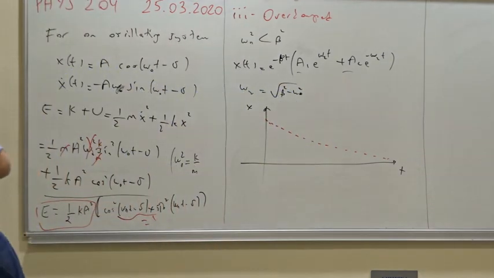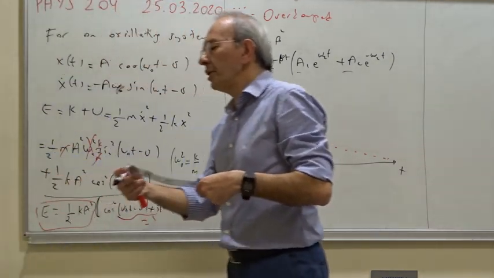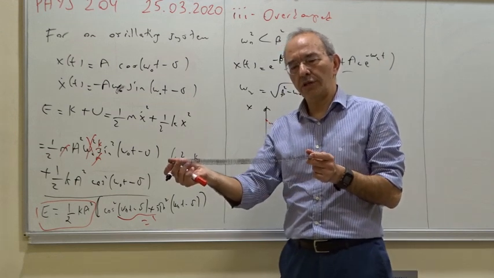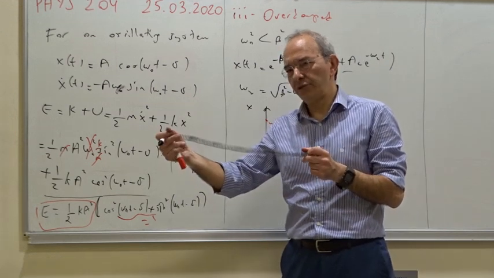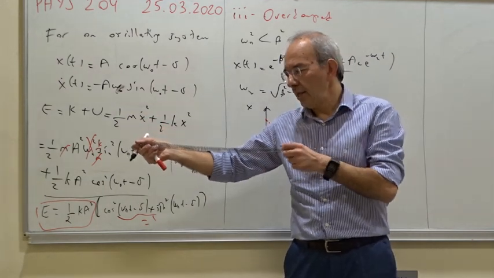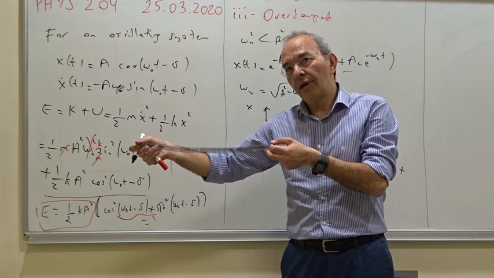For instance, this is a spring, and assume there is a block at the tip of it. One end is fixed, the other end can be elongated or compressed. This is the normal, unstretched length.